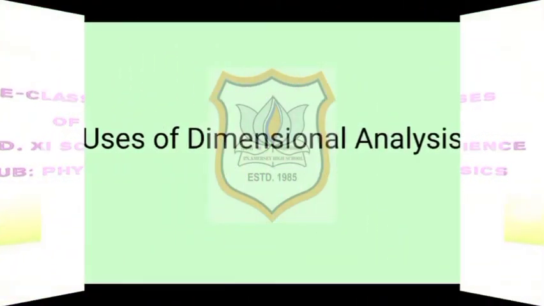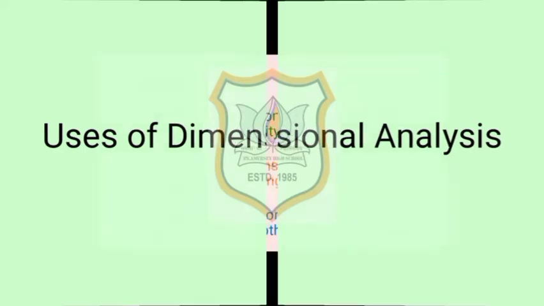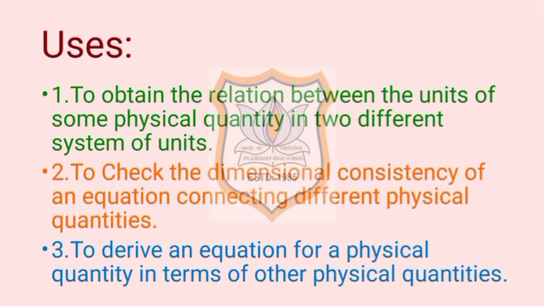Our today's topic is uses of dimensional analysis. That is, how we can use the dimensional formula or what are its applications. See, the first use is we are going to find the relation between the units of some physical quantity in two different system of units.